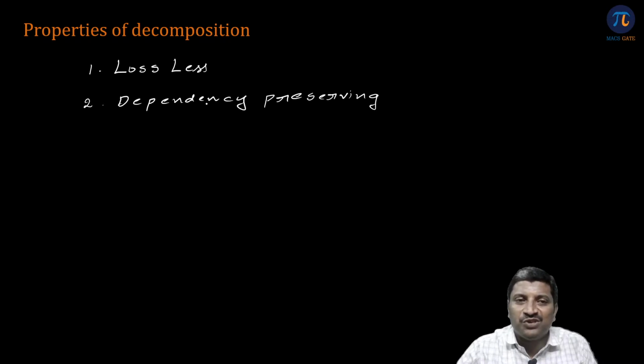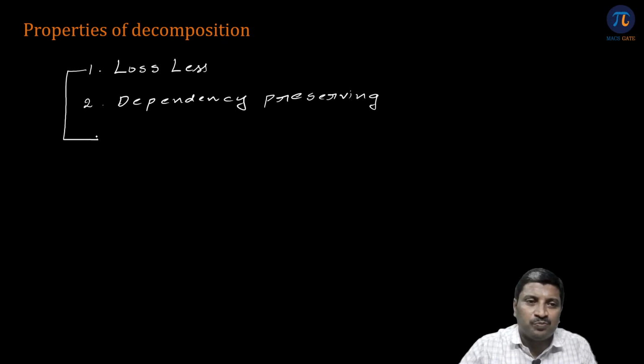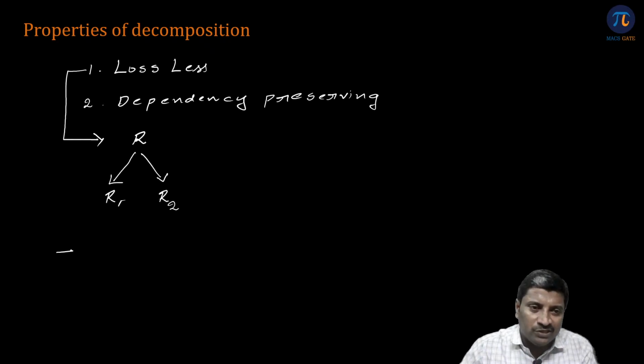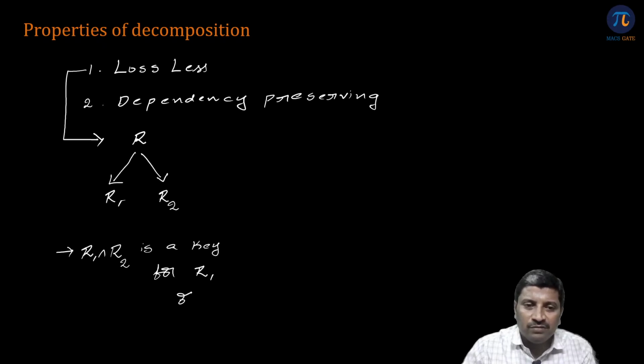Let us make a quick revision of the first property, the lossless property. Suppose I have a relation R which was divided into two relations, R1 the first relation and R2 the second relation. Then how to verify whether the decomposition is lossless or not? The simple point is I need to verify that R1 intersection R2 is a key either for R1 or for R2.